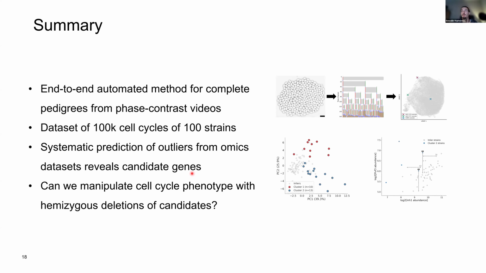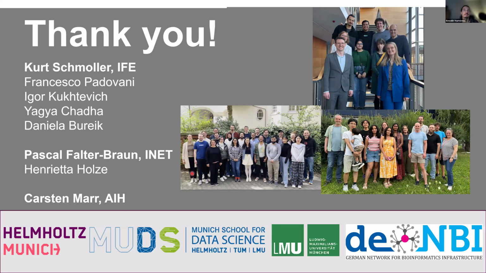Our hope is that those few models that we found, which work very well, are not only uncovering perfect correlations, but that there's some causality behind this, and we can reproduce this effect by deleting single copies of the gene. With this, thank you very much for your attention and I'm looking forward to your questions.